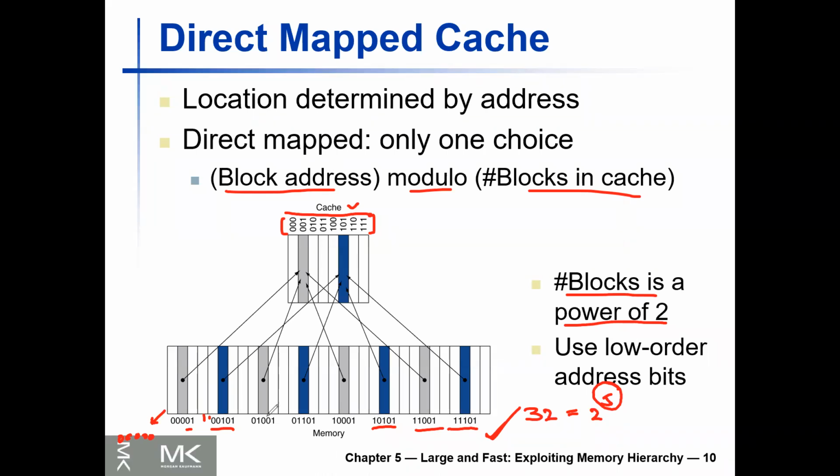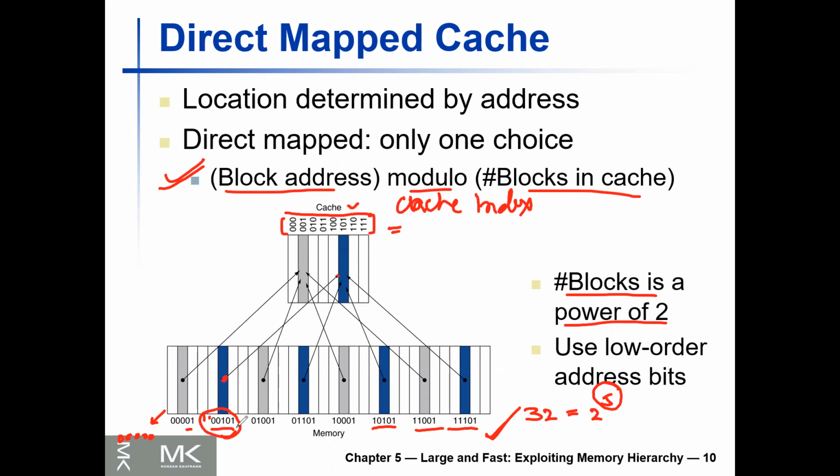Now let's see how we say that this blue block is going to be mapped here. You use this formula: cache index is equal to the block address. Which block address are we looking for?